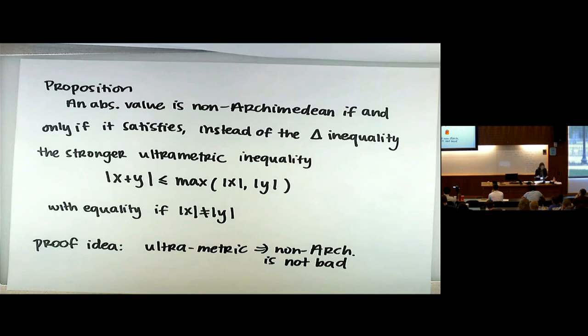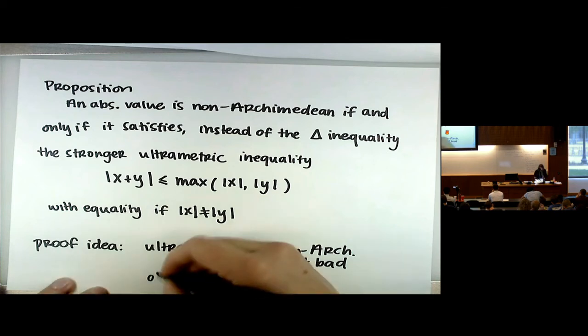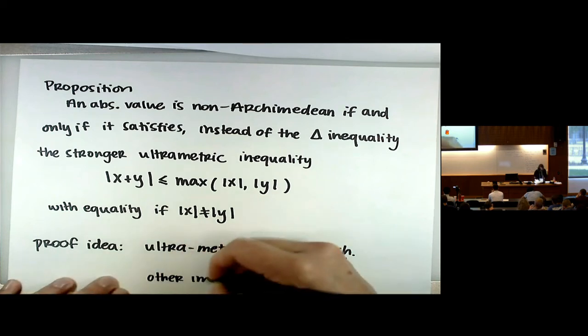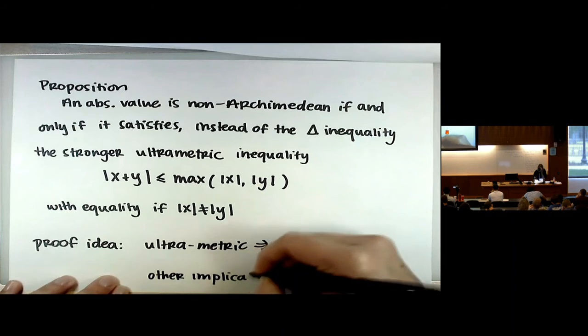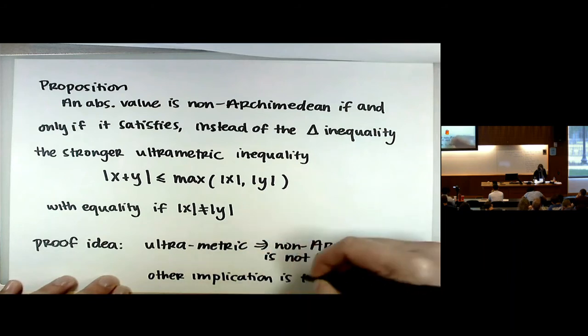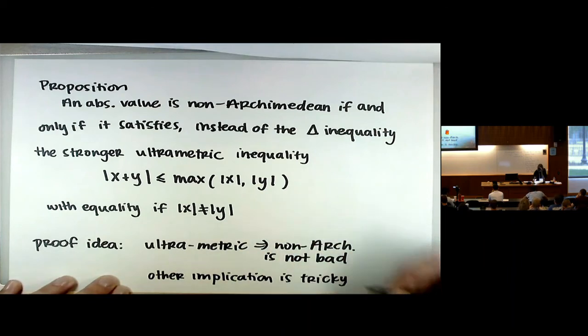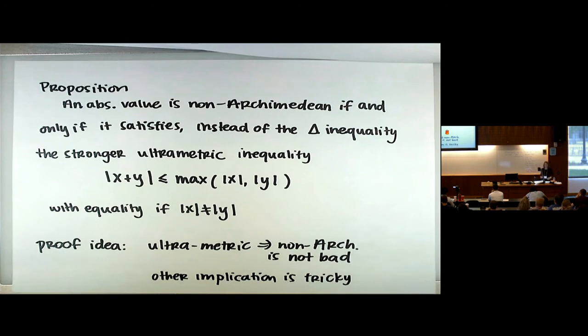Okay, the other implication is trickier, but none of this is as difficult as other stuff you'll see this week. But I encourage you to think about it and or look it up. I looked it up, I'm going to be honest with you. I looked it up and it was a very satisfying argument.